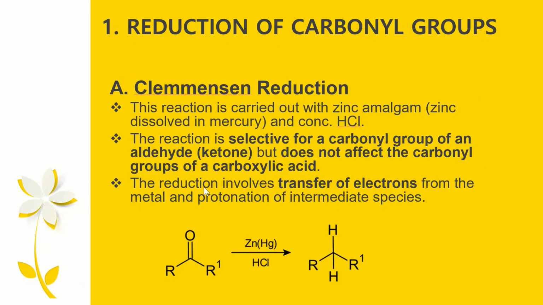The reduction involves transfer of electrons from metal and protonation of intermediate species. So it's a radical mechanism, but for our purposes, we're not going to go into that radical mechanism. What you need to know here is the reagents that will effect the reduction of a carbonyl compound to an alkane.